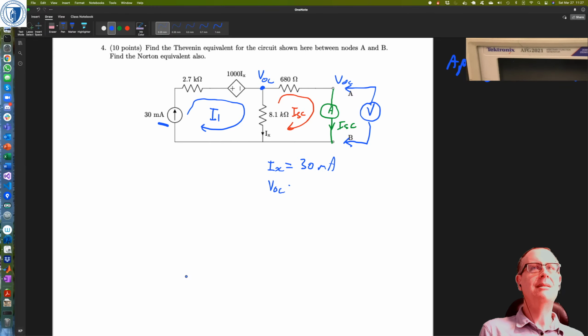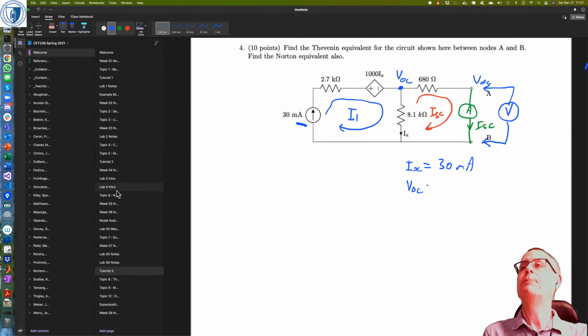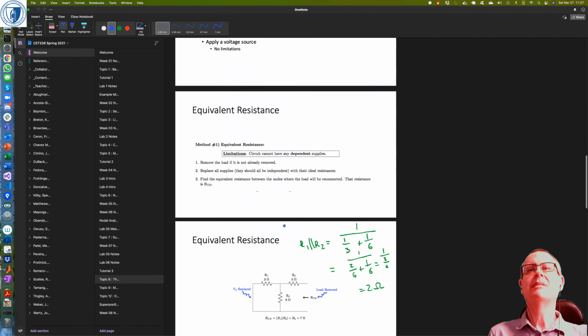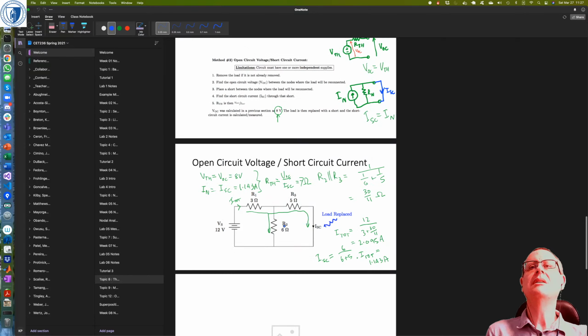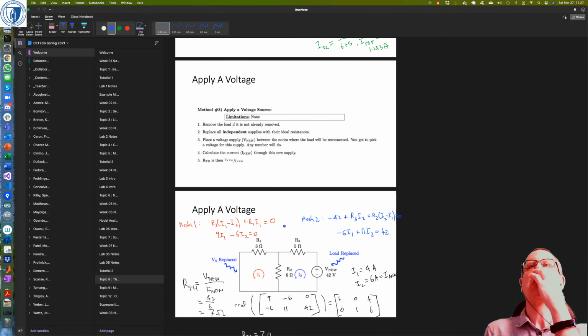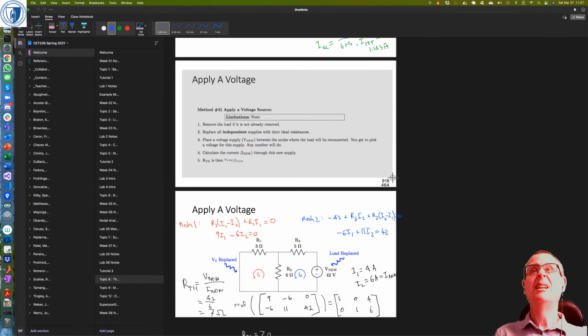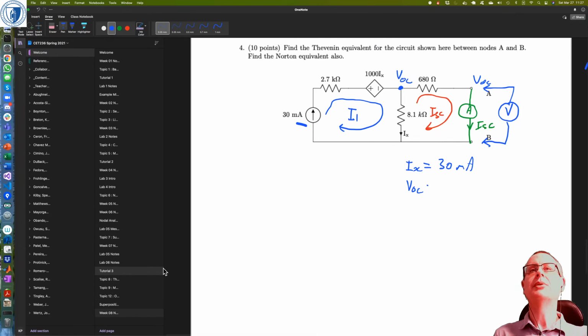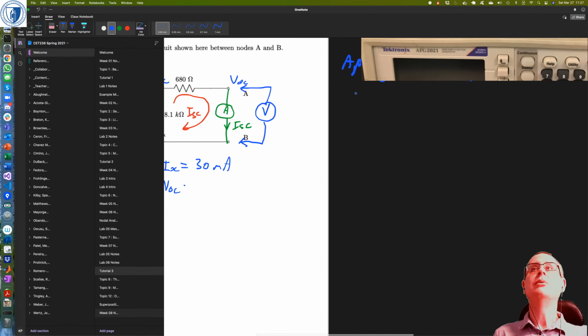Take the circuit. In fact, let's just have a look at Thevenin and Norton, Topic 8. Right, so the apply a voltage technique. I'm going to take a screenshot of that and move it over into our tutorial 3.